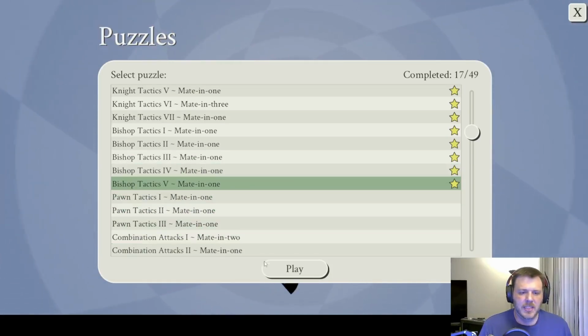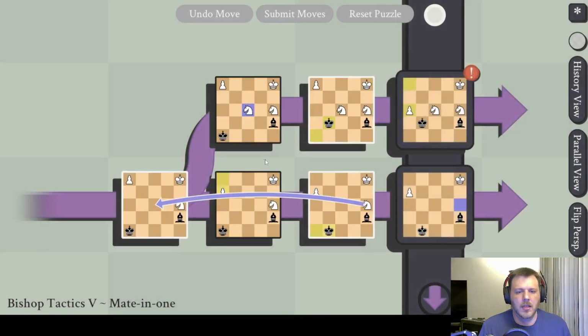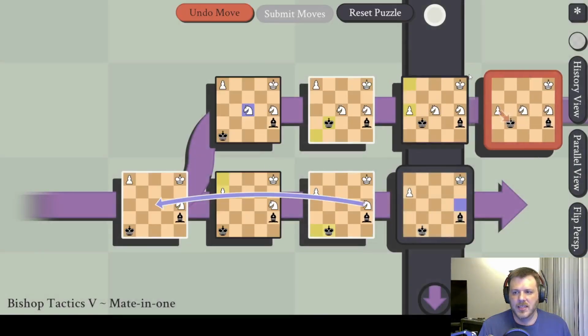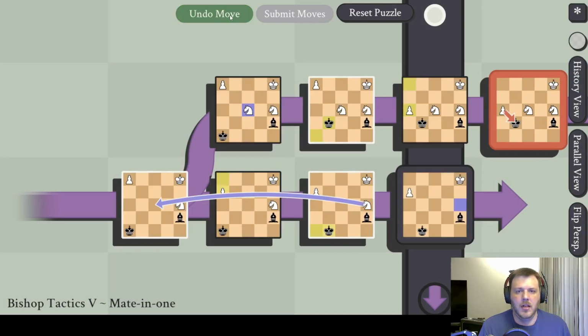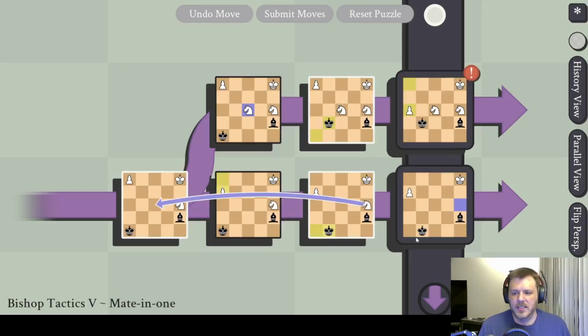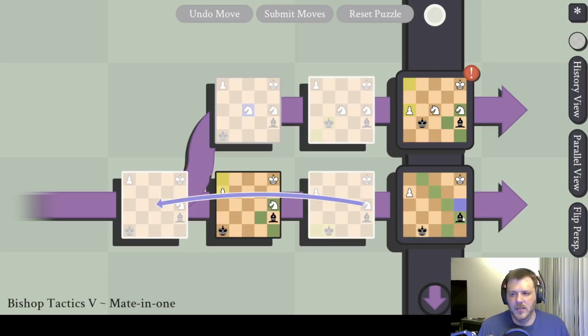Let's do the last bishop tactics. All right, so just to be clear, didn't we just do this puzzle? Oh no, it's different. It's similar, but different. All right, so. Can I do the same thing? This isn't literally the same thing, is it?